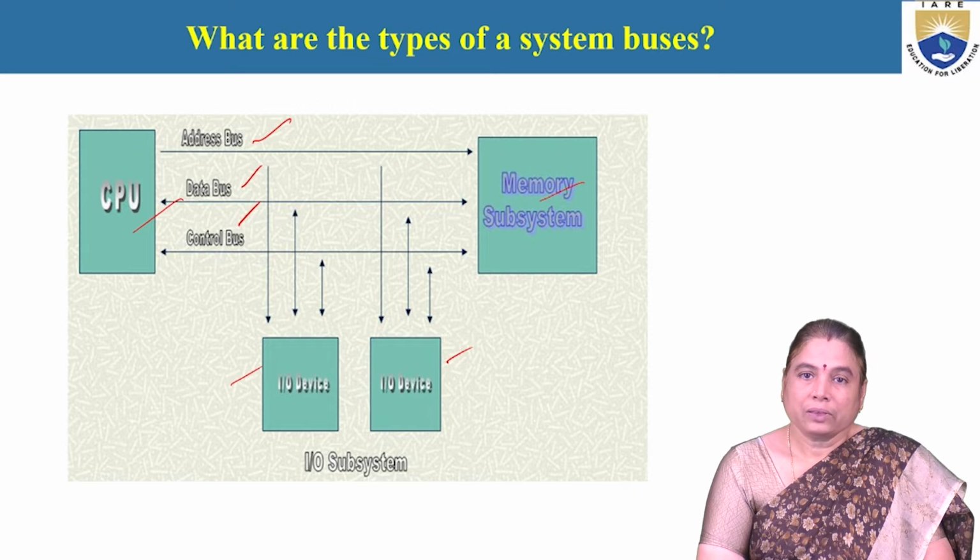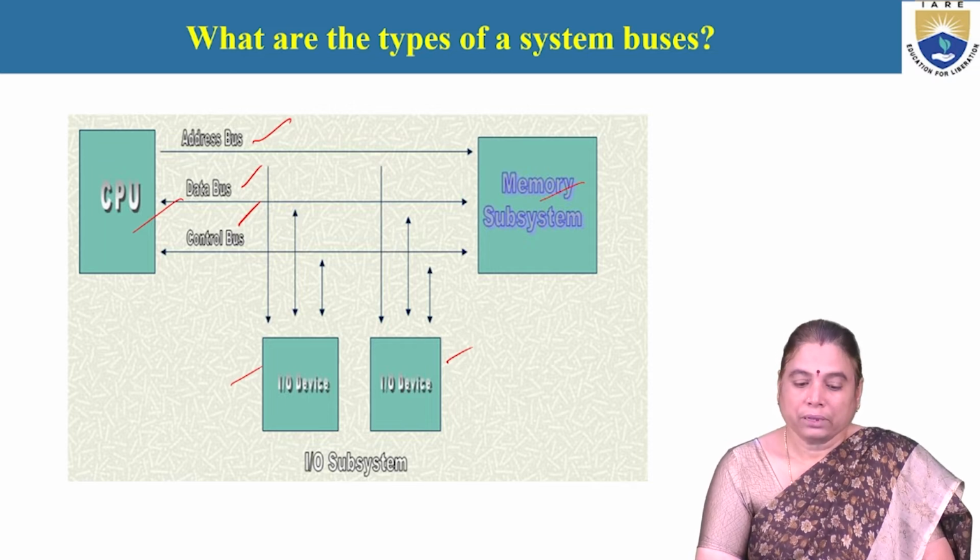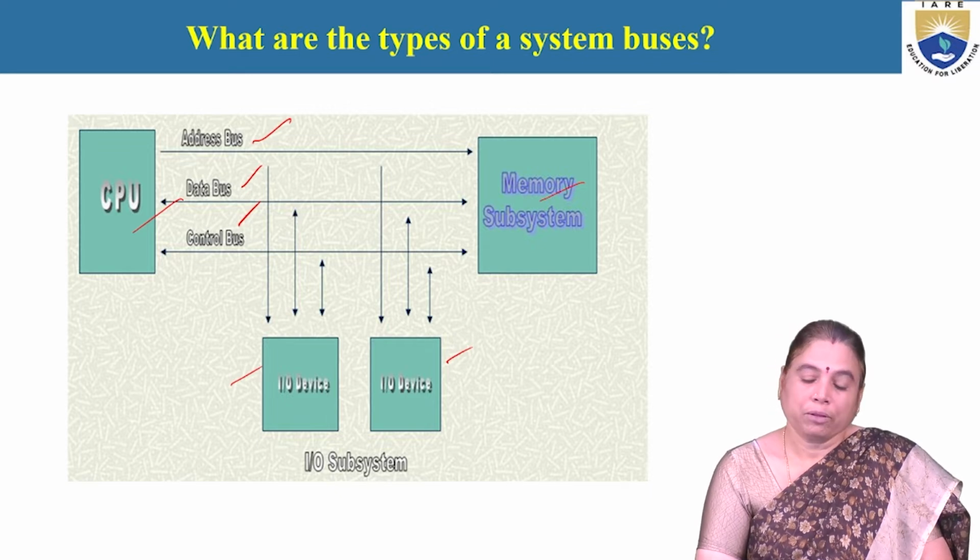The address bus is generally used to carry the address of the memory location. So it is a unidirectional bus. The data bus carries the information or data that is fetched from or written into the memory.